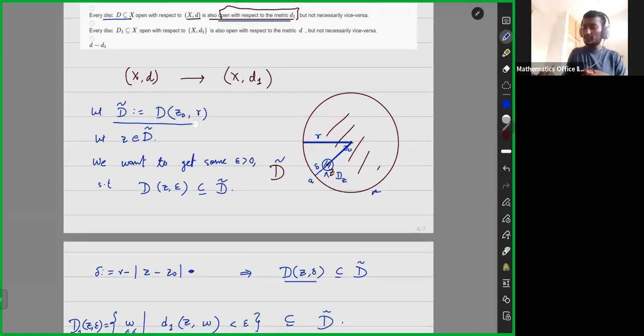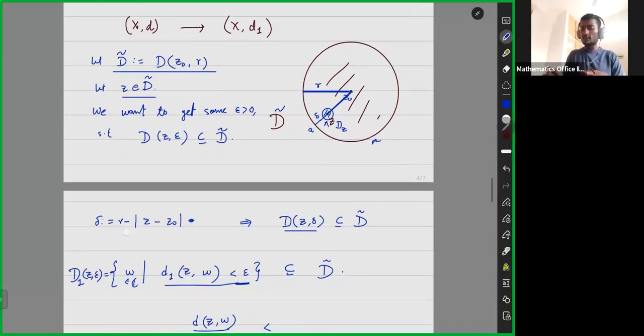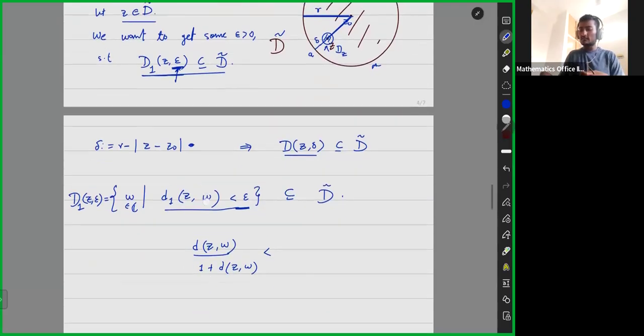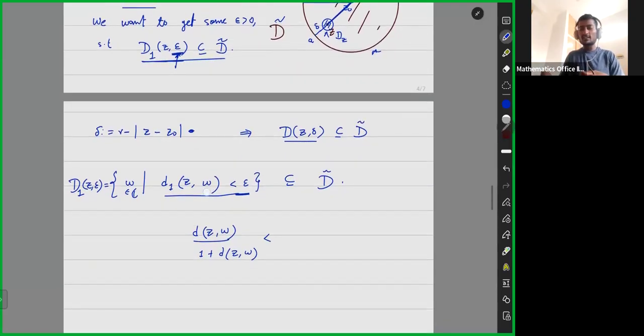I'm denoting it by D delta because D and D delta were confusing. Now I pick a point Z inside D delta. We want to get a D1 ball around Z of some epsilon, and this epsilon is what we want to calculate. Some epsilon ball should be contained in D delta. The problem is computing what epsilon is.